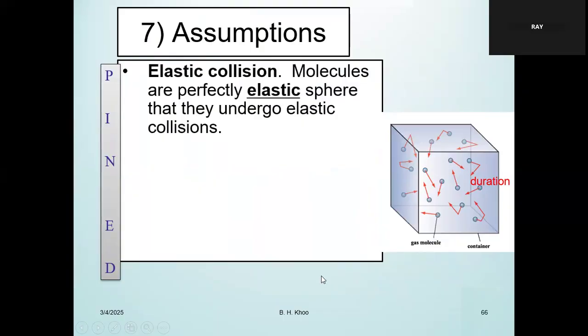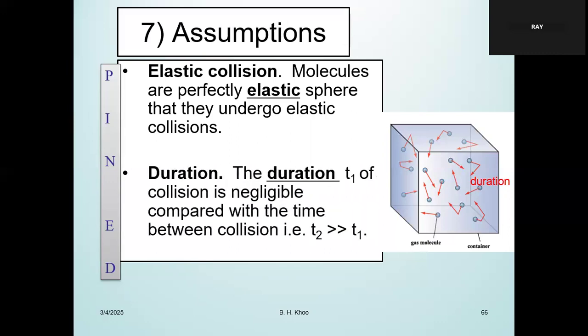E for elastic collision. Molecules are perfectly elastic spheres that undergo elastic collision, no kinetic energy loss. D for duration: the duration t1 of collision is negligible compared with the time between collisions t2.